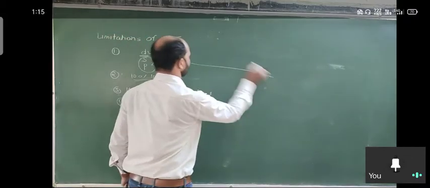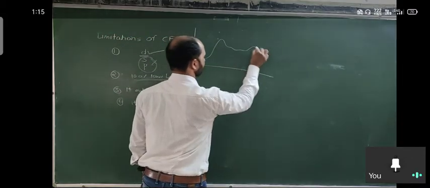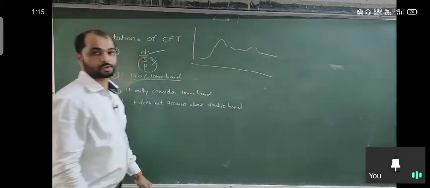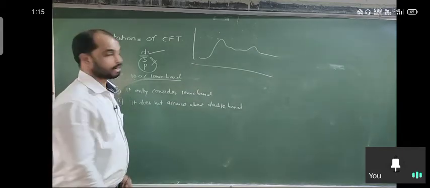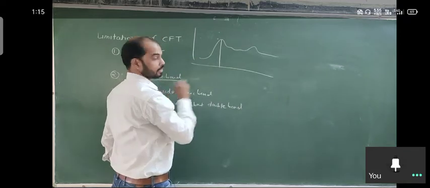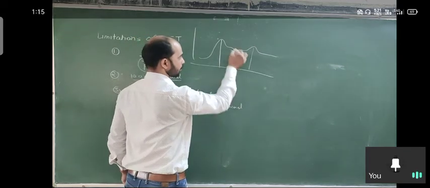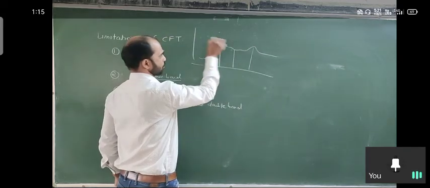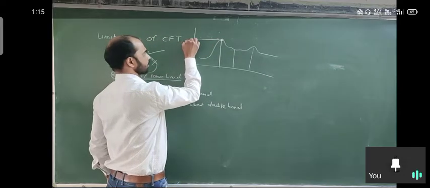Suppose there is an absorption, and this way we obtain this type of spectrum. The highest absorption is here, but some absorption bands are also here. This is the highest absorption band we consider. So here is the intensity.